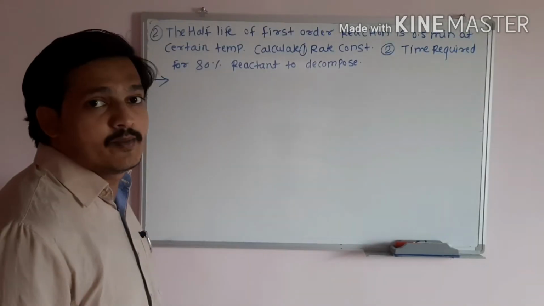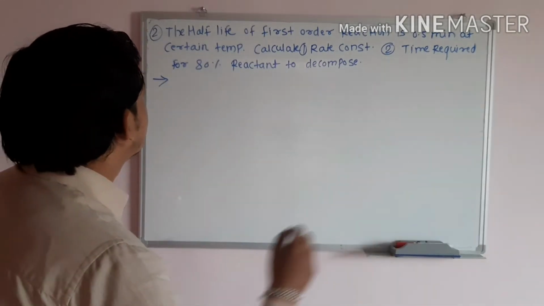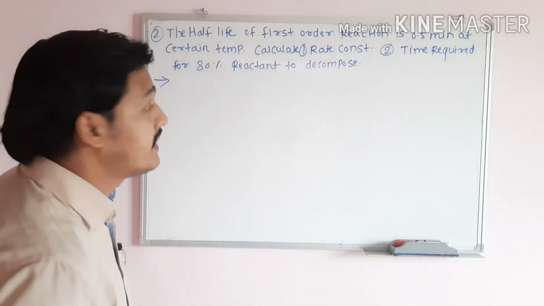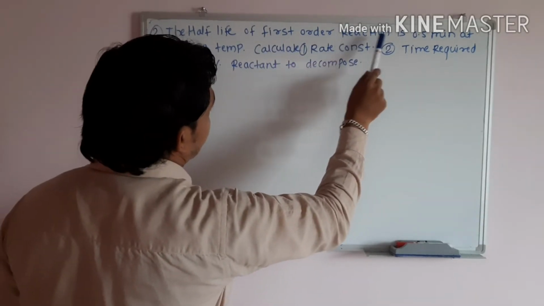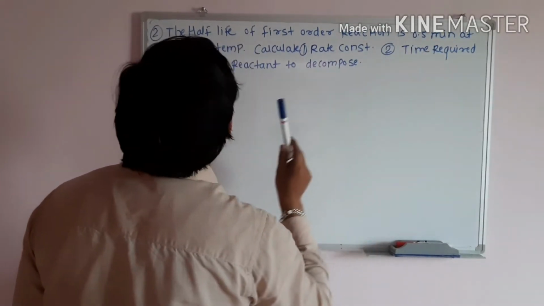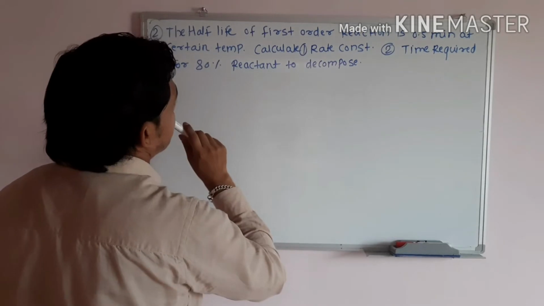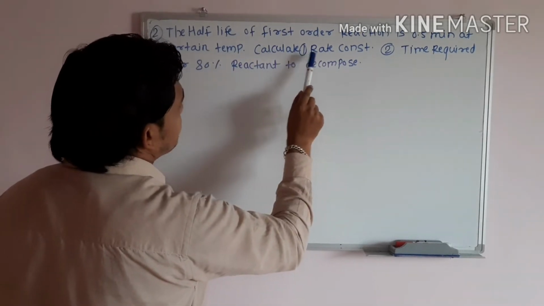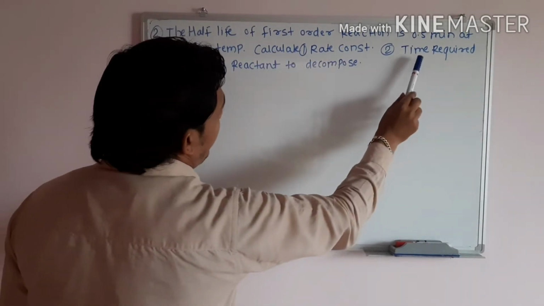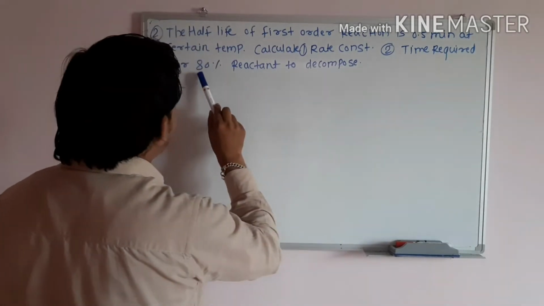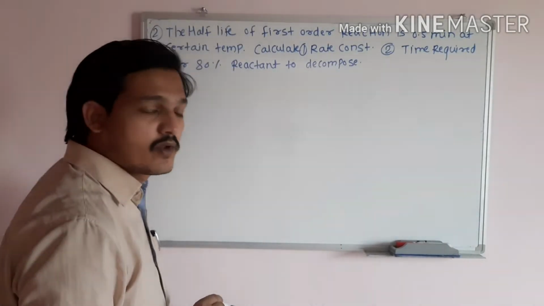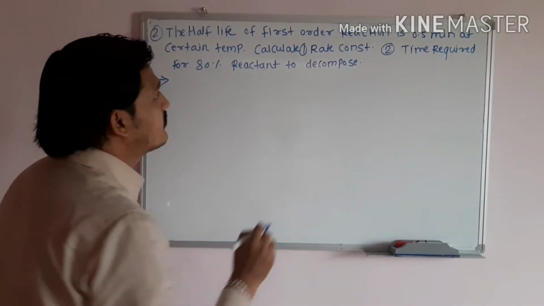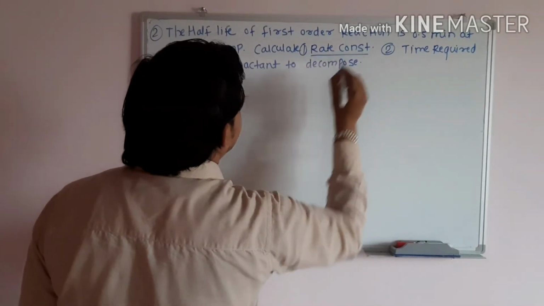Our second numerical is the numerical that is based on half life. The half life of a first order reaction is 0.5 minutes at a certain temperature. Calculate, number first, the rate constant, and second, the time required for 80% reactant to decompose. Okay. Now first of all we have to calculate the rate constant.